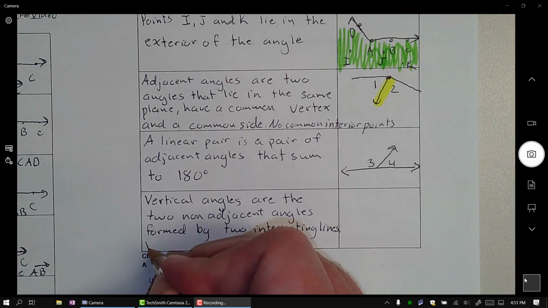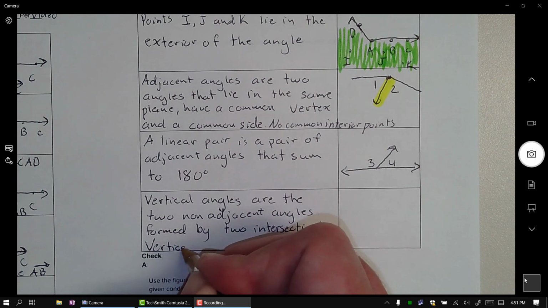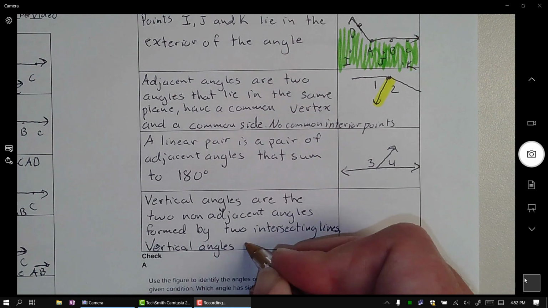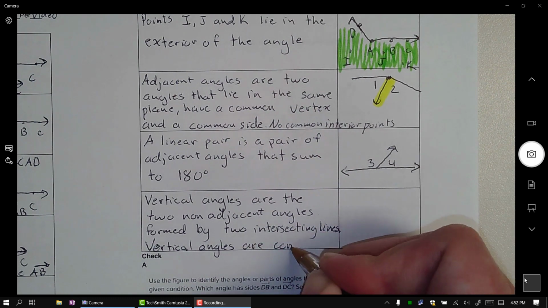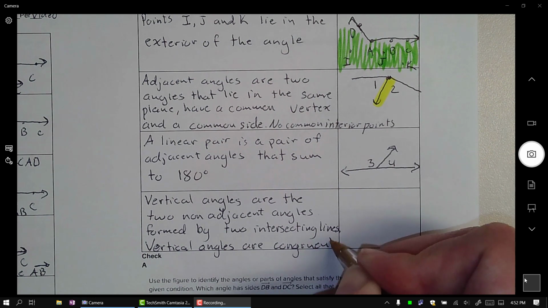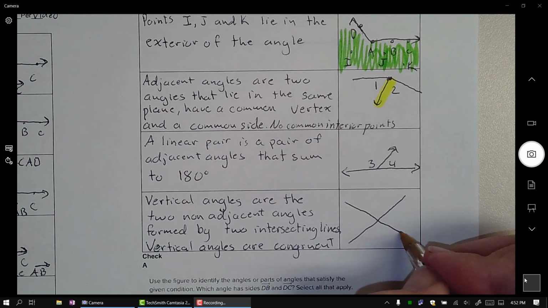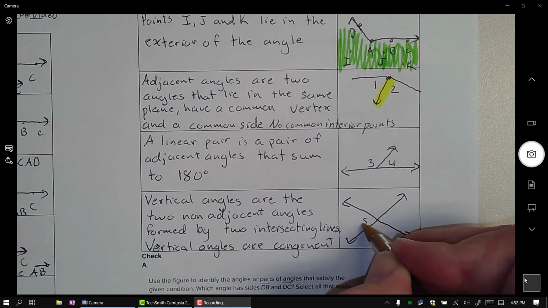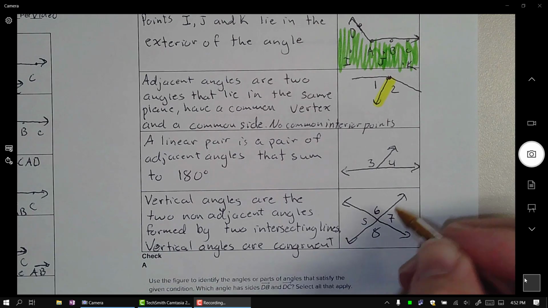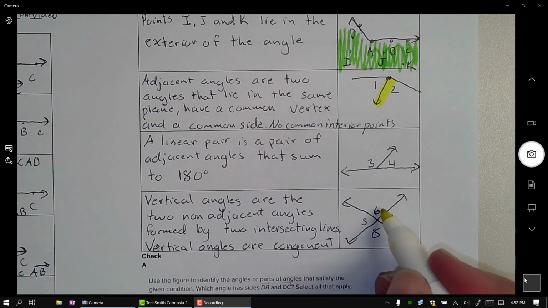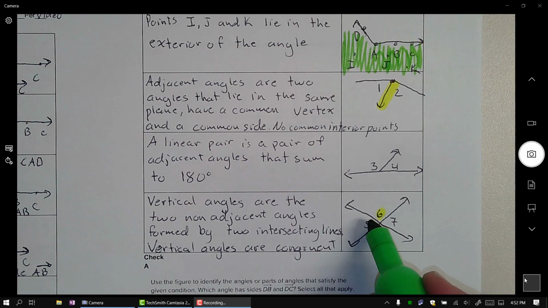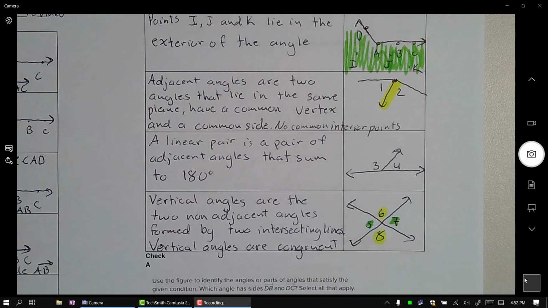Vertical angles are congruent. So 6 and 8 are vertical angles. 5 and 7 are vertical angles.